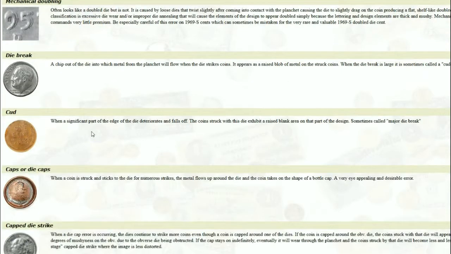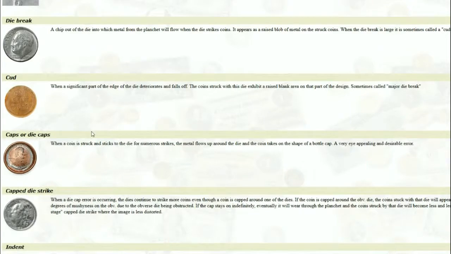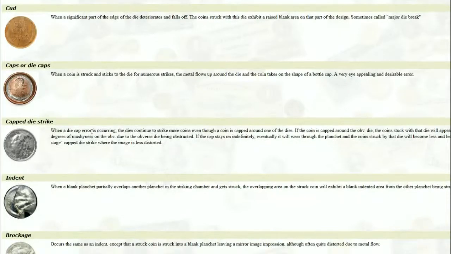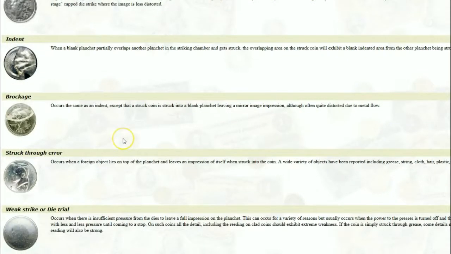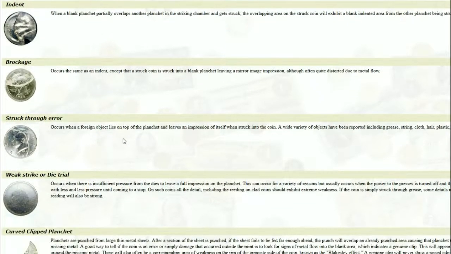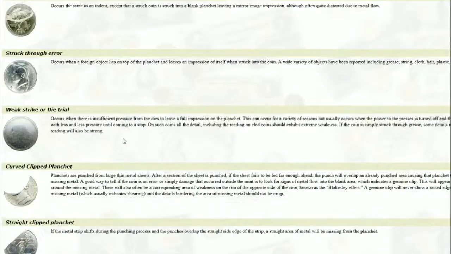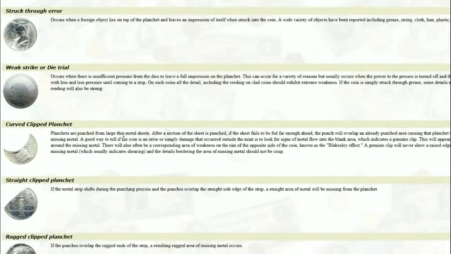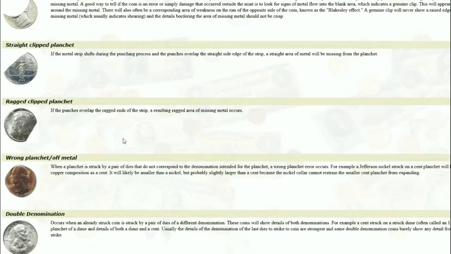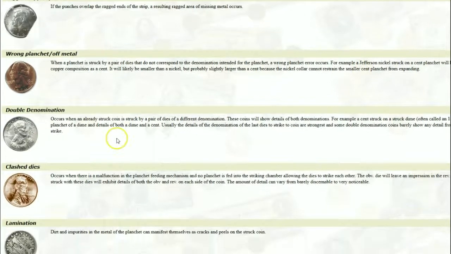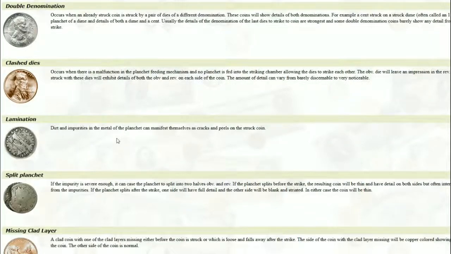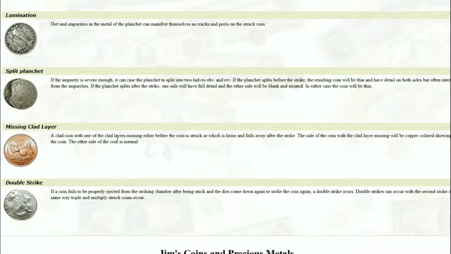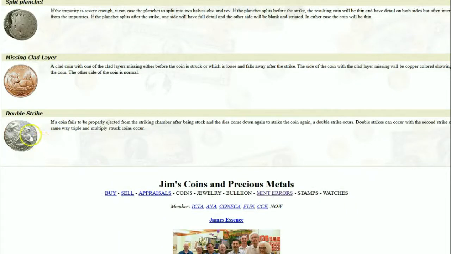A die break, a cud, caps or die caps, cap die strike, indent, brockage, struck through, air, weak strike or die trial, curved clip planchet, all kinds of different ones here. Double denomination, a lot of interesting things that can occur. The split planchet. What I find interesting are these missing clad layers and the double strikes.